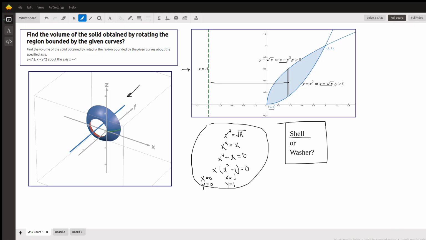If you use the washer method, your typical washer needs an outer radius, which would be this distance, and an inner radius, which would be this distance. And then the formulas are different depending on which method you're going to use.